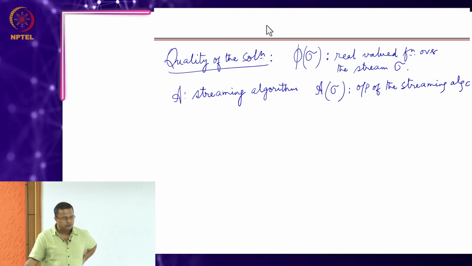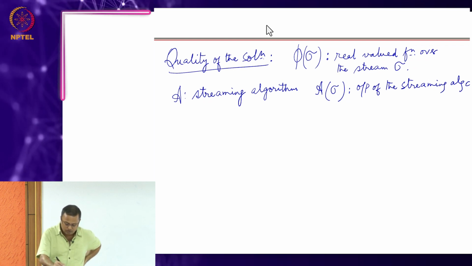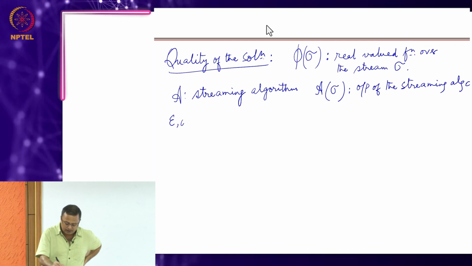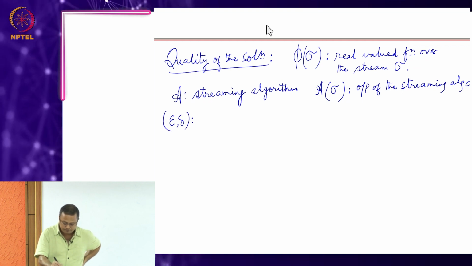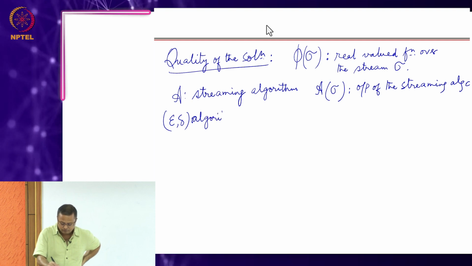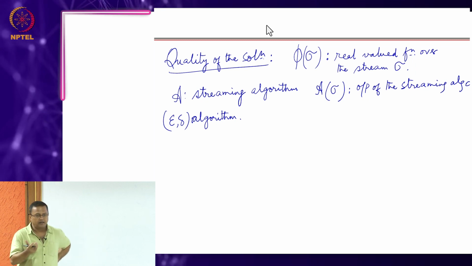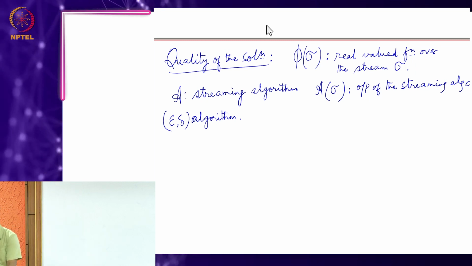right. So, we would now define a notion called an epsilon delta algorithm. Where epsilon is an error parameter and delta is a probability measure.